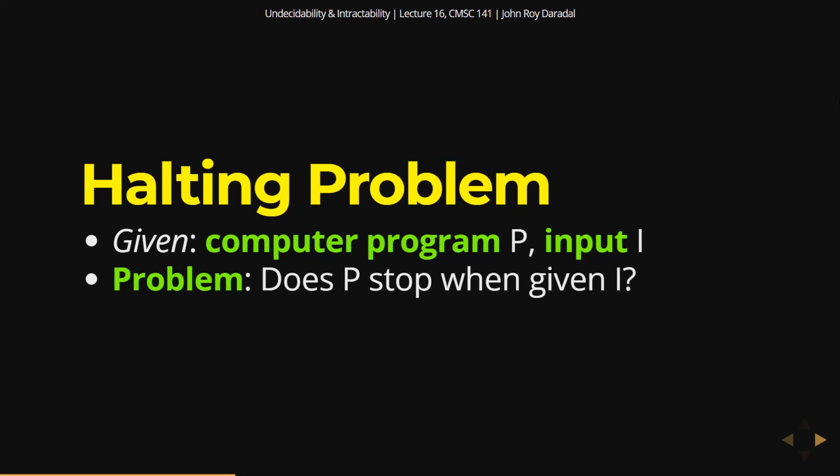If you feed the input to the program, will the program stop if you run it? So that's basically the halting problem. Seems pretty simple, right? But this is actually an undecidable problem. The computer cannot solve this for all possible programs and inputs.